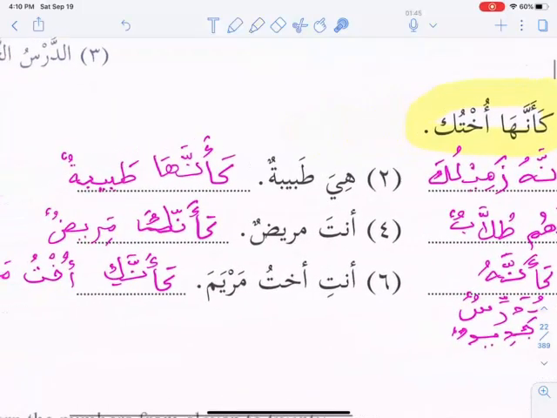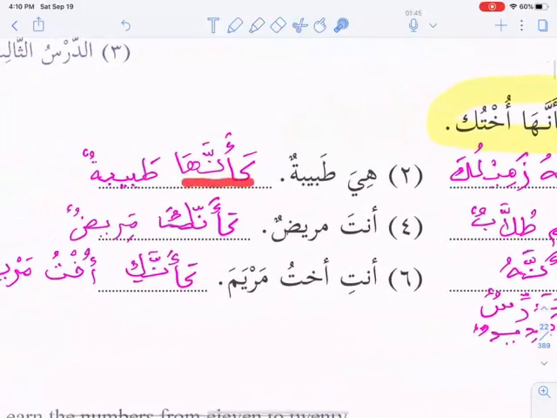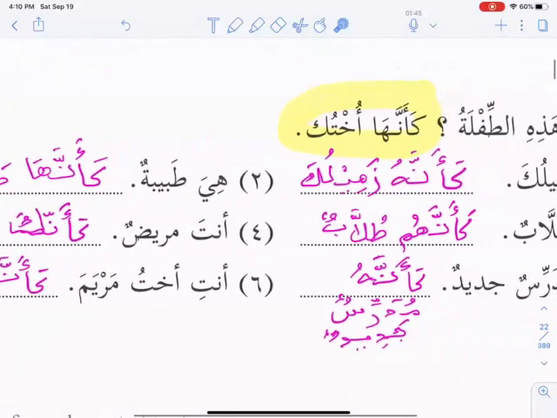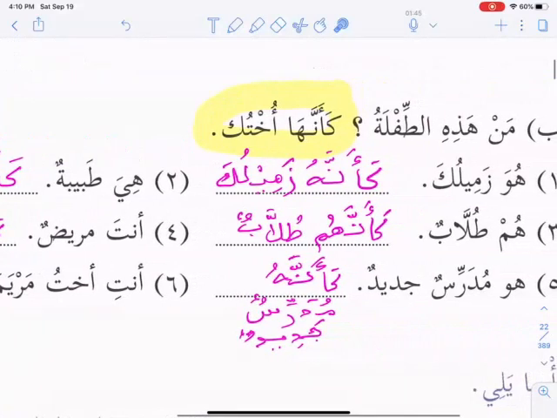هي طبيبة، كأنها طبيبة. That is the way the answer is to be given. هم طلاب، كأنهم طلاب. See, all that you have to do is use huwa, hiya, anta, anti.